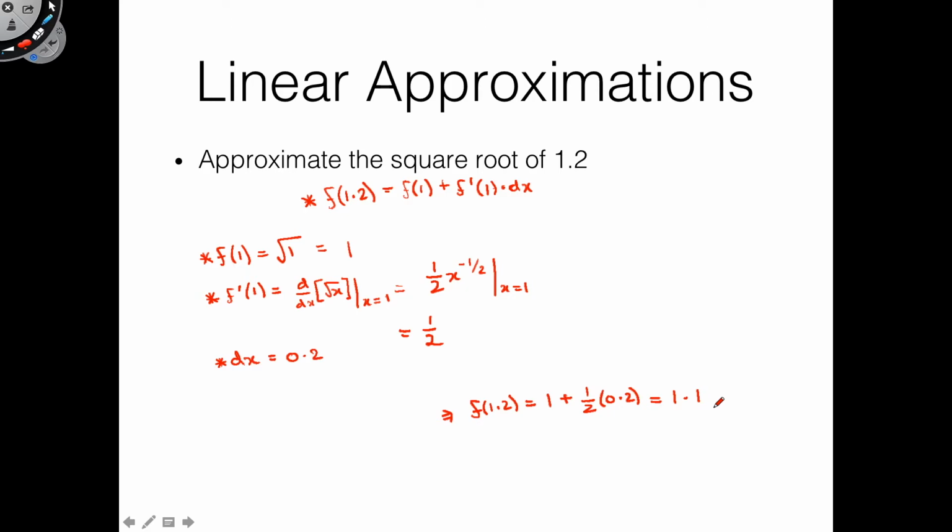Now the true value of the square root of 1.2 is in fact 1.09544 yada yada yada. That's the true value.